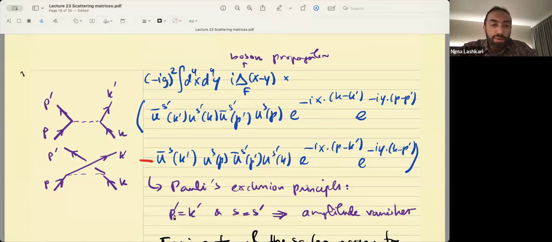Because if p prime is equal to k prime and s is equal to s prime, the output should be anti-symmetrized, so the amplitude should vanish. It's a two fermion state, and the state has to be anti-symmetric. The consequence of that is the exclusion principle: if p prime and k prime are the same and s equals s prime, the two fermions cannot be in the same state, so the amplitude has to vanish. Therefore, a minus sign here. Good? Is that clear?